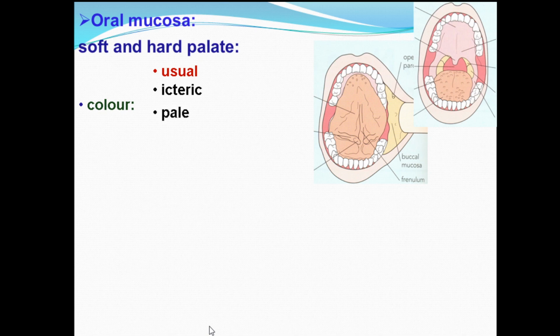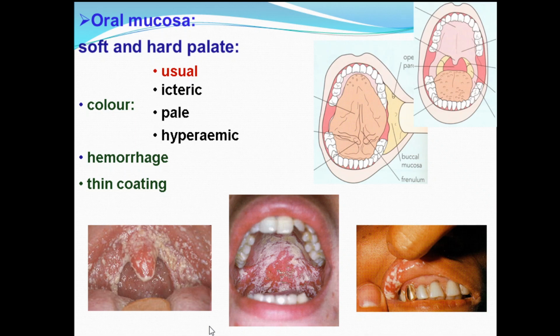But if you reveal some change of color, you can say whether it's local or diffuse. We can reveal some hemorrhagic spots. We can reveal abnormal coating on the mucosa, near the lips or other parts of the oral cavity.